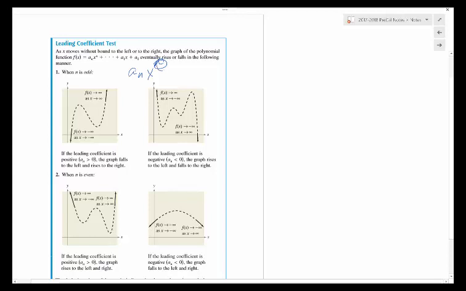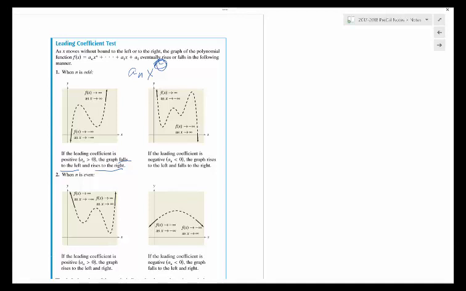If your highest exponent is odd, such as x to the third, x to the fifth, and so forth, and your leading coefficient is positive, then the graph falls to the left and rises to the right. However, if the leading coefficient is negative, it flips.